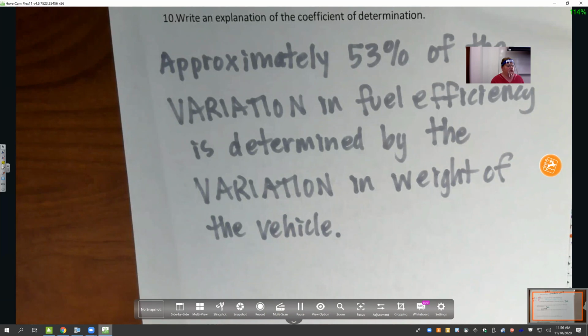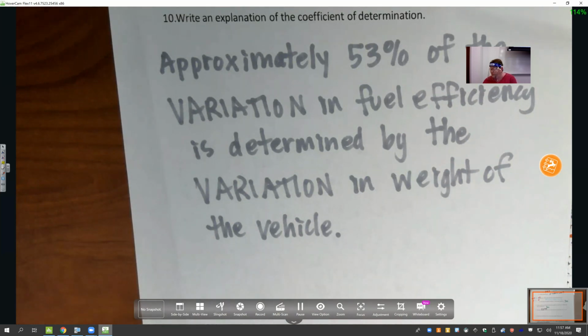Could it be whether you're in the city or in a rural area? So there are other factors that come into play. Now, correlation and regression don't really tell us that, but then we can begin to speculate and possibly do further research to see what else is affecting the fuel efficiency of the vehicle.